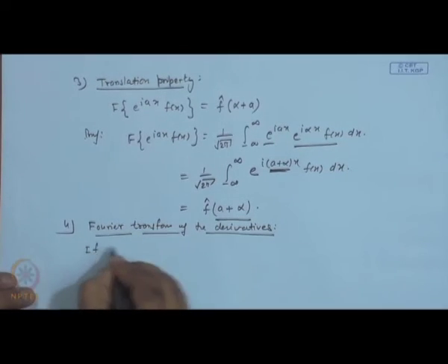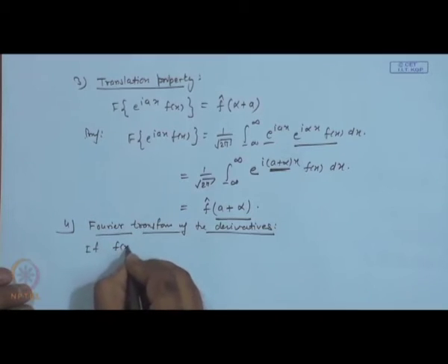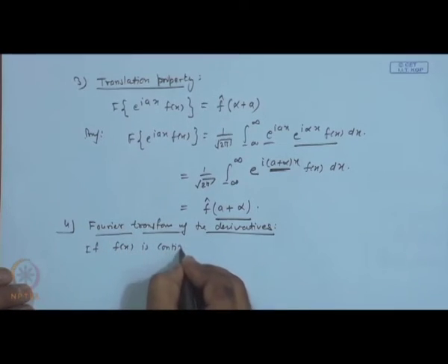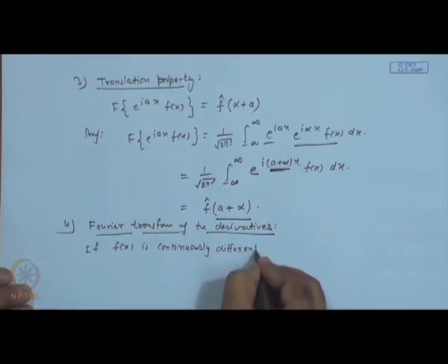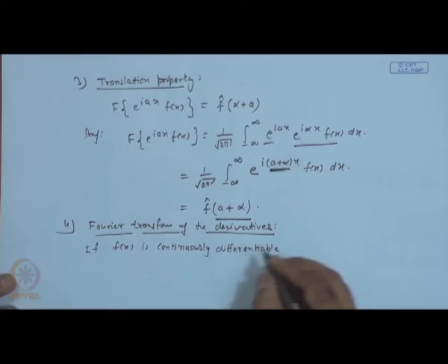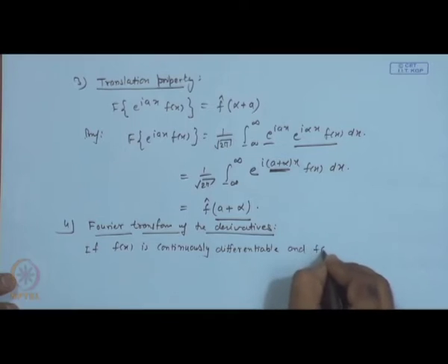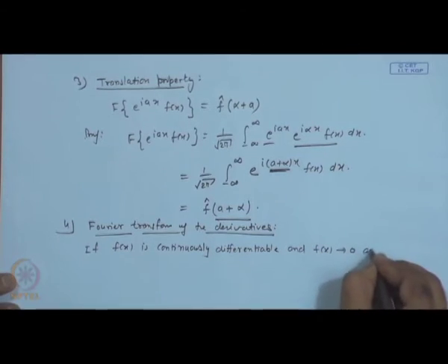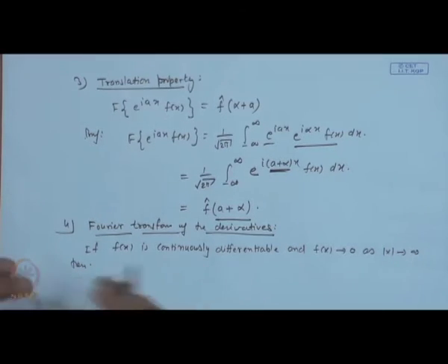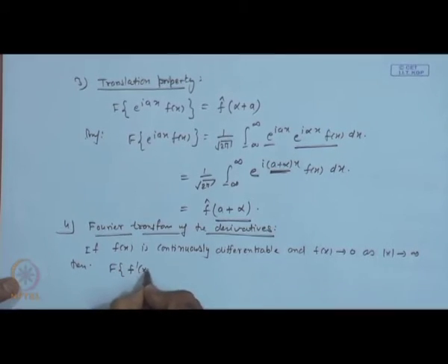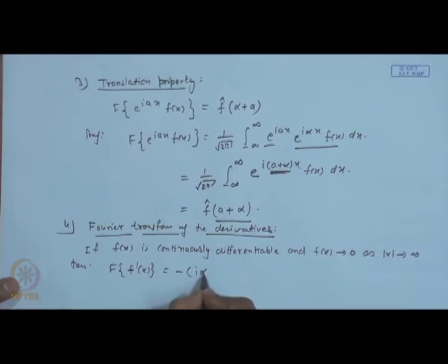In this case, we have some assumptions: f(x) is continuously differentiable, so the derivative is also continuous, and f(x) approaches 0 as mod x approaches infinity. This ensures the existence of the Fourier transform of the derivative. Then the Fourier transform of f prime(x) will be minus i alpha times the Fourier transform of f(x).